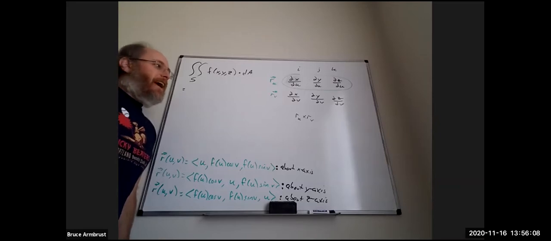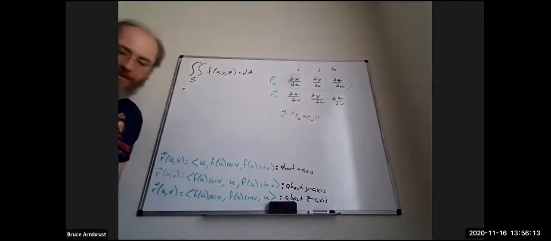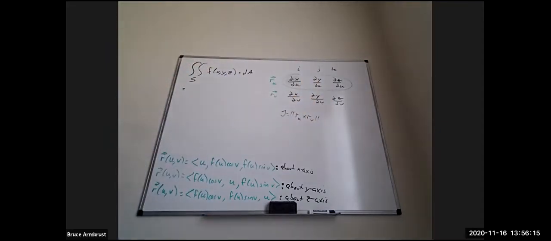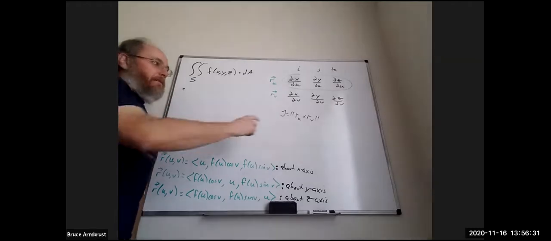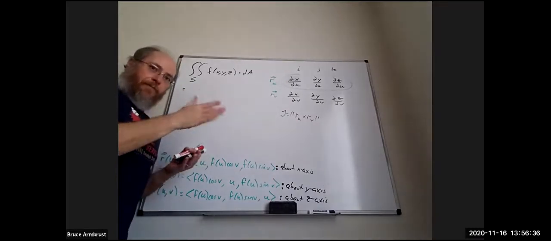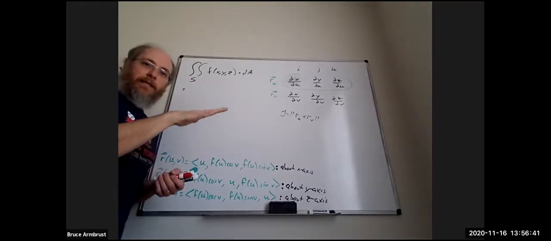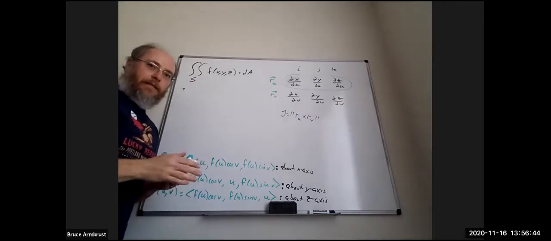Right? So it turns out that the Jacobian is the magnitude of RU cross RV. So you can actually see this geometrically. The RU and the RV, if you were to take this surface and kind of break it up into pieces, it would look like a quilt that has little parallelograms that are all connected.